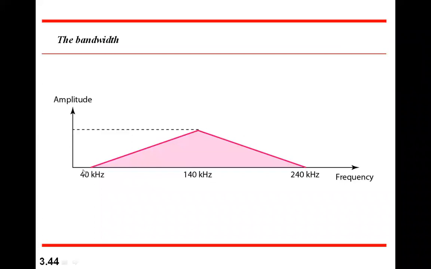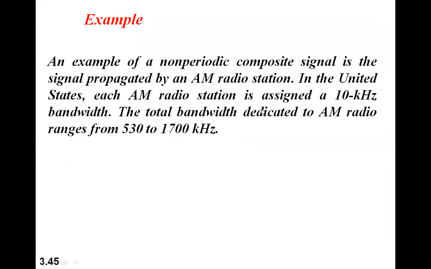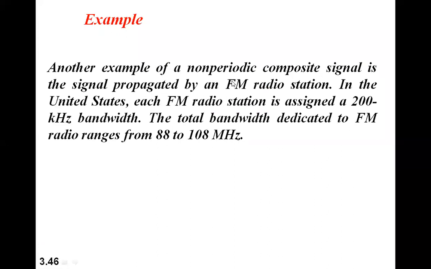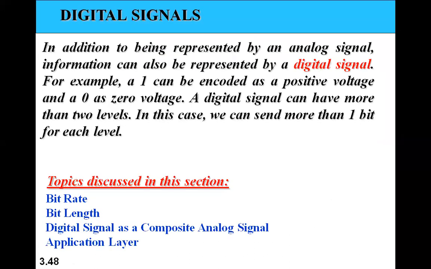It is continuous, and of course it will have some peak, and the signal strength also keeps varying from frequency to frequency. A non-periodic composite signal is a signal propagated by an EM wave, shown here. These examples, let us ignore for some time and go to the next one.